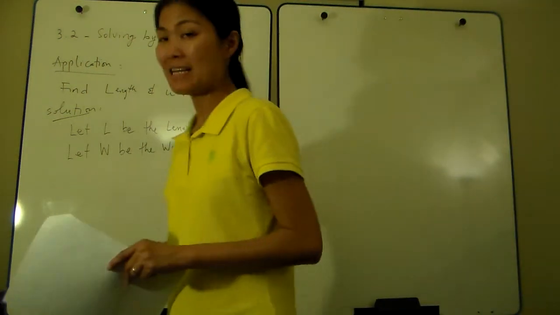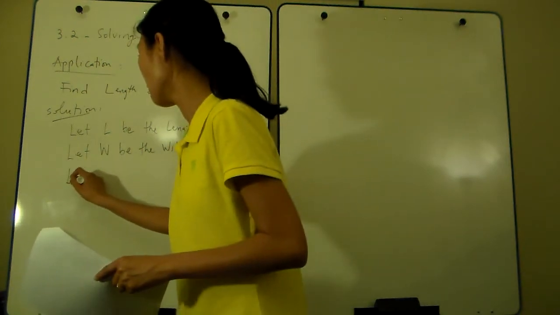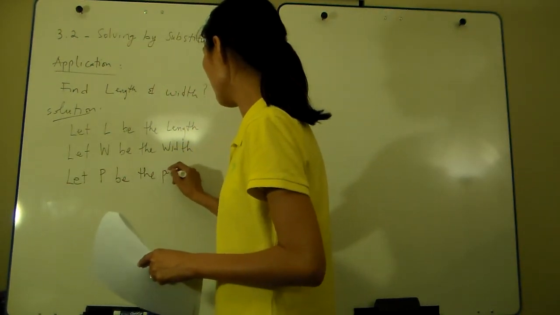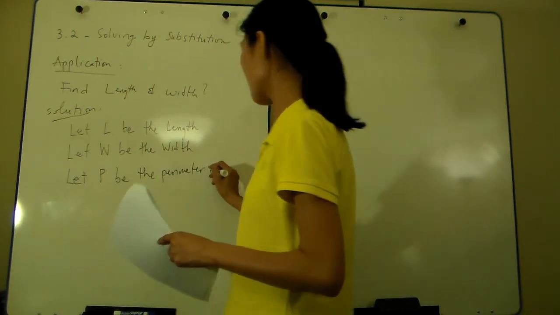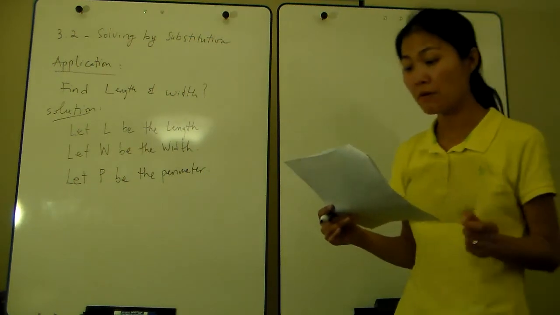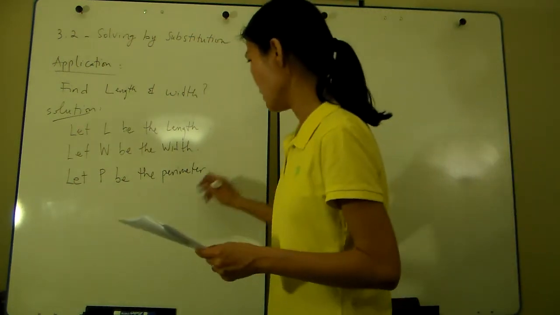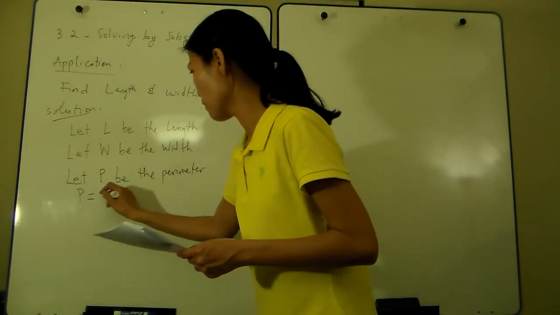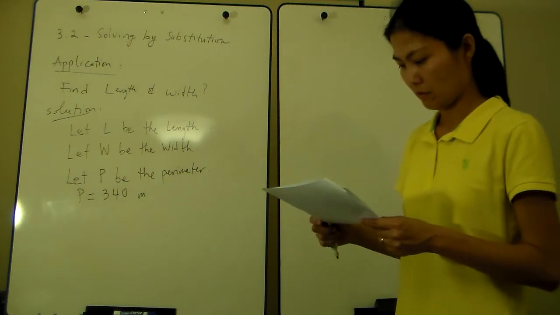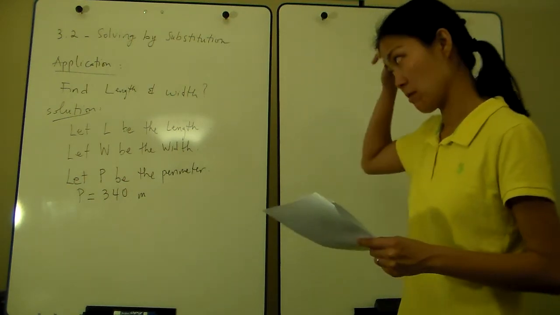Let P be the perimeter of the soccer field. We're given that the perimeter is 340, so P is equal to 340 meters.